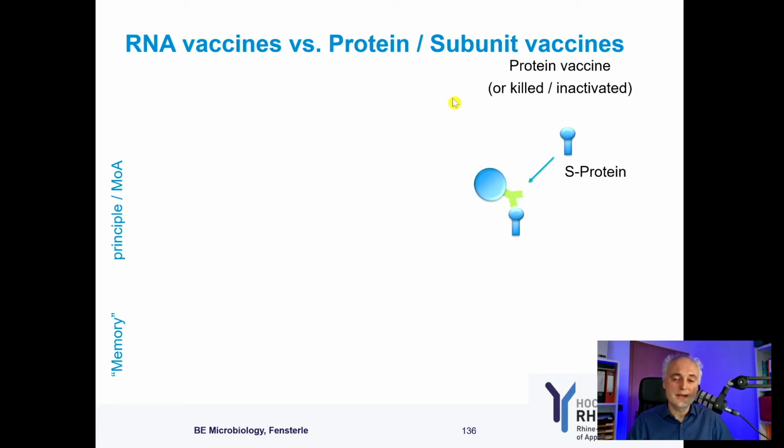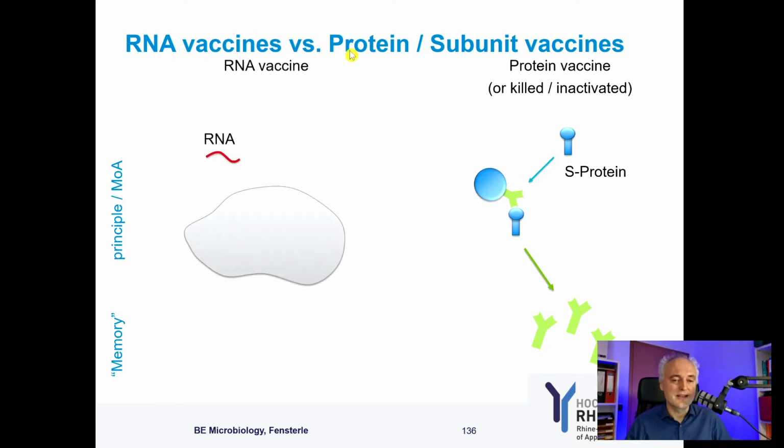A protein subunit vaccine, which is also being developed, I think by GSK Sanofi, would just use the S protein. As we said before, what you want is neutralizing antibodies. So just use the S protein, formulate it appropriately, inject it, and you will induce your B cells and produce antibodies. This is a very simple, straightforward approach. Clone it, express it, and that's it.